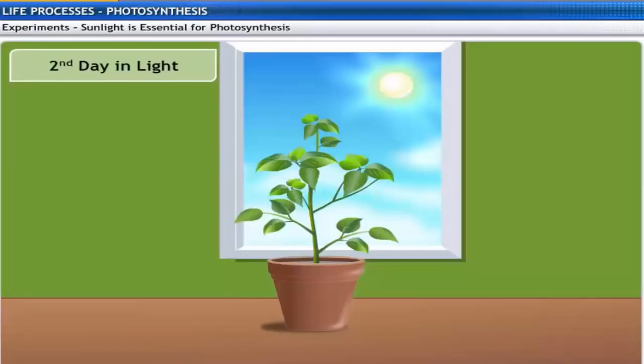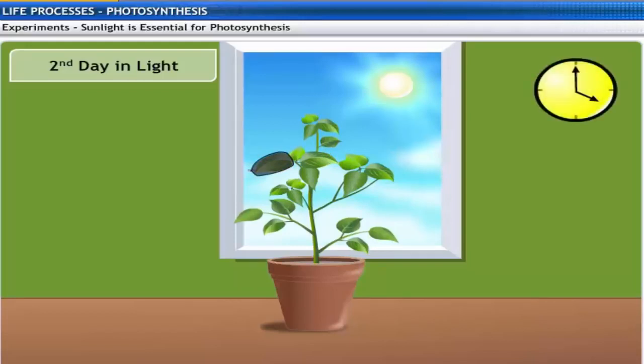Well, actually sunlight is essential for the process of photosynthesis. Let's try this experiment to prove it. Select 2 leaves of approximately the same size from a healthy potted plant. Cover one of the leaves with a black card as shown in the diagram.